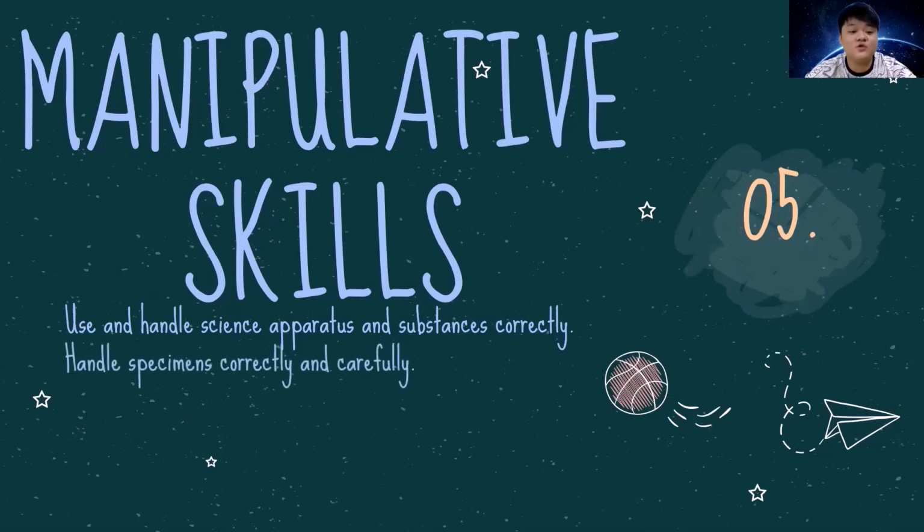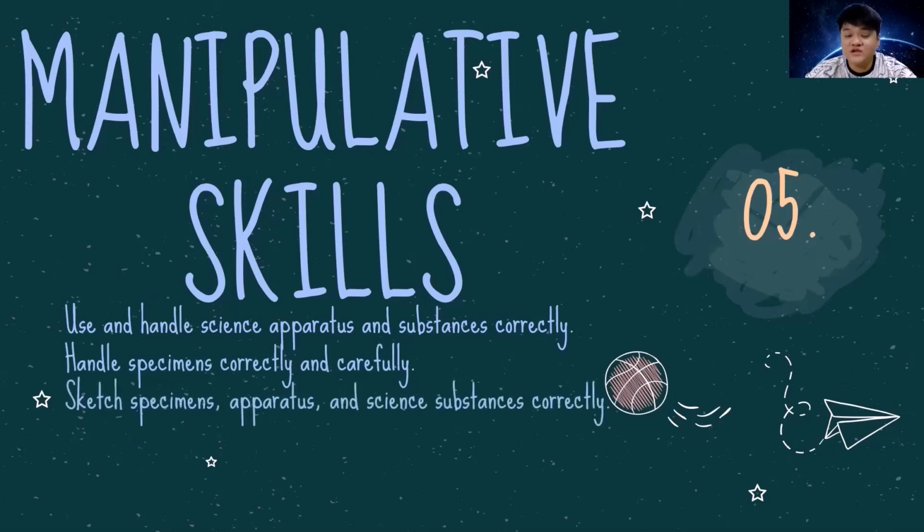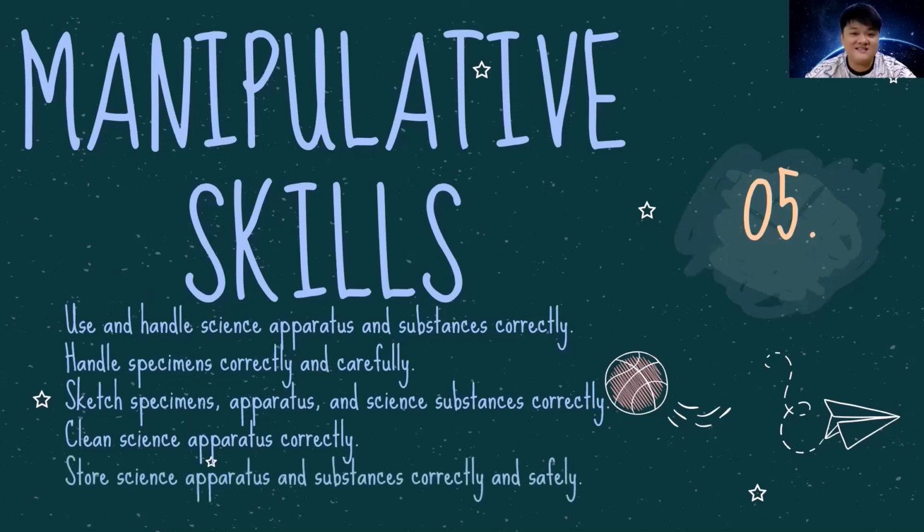We must also know how to handle specimens correctly and carefully. We have also learned that we must sketch specimens, apparatus, and science substances correctly. We have also learned to clean science apparatus correctly. And lastly, we must store science apparatus and substances correctly and safely. I hope you can get that and I hope you can remember.